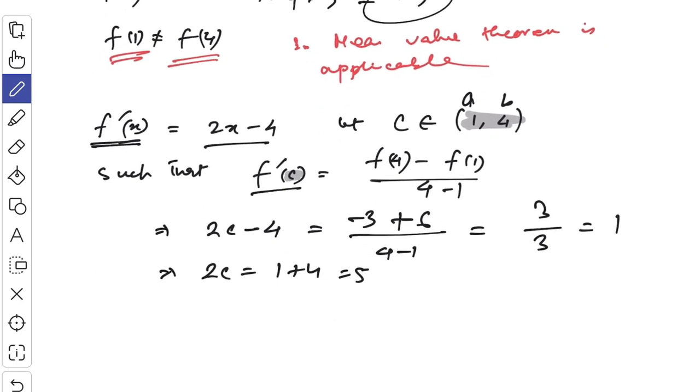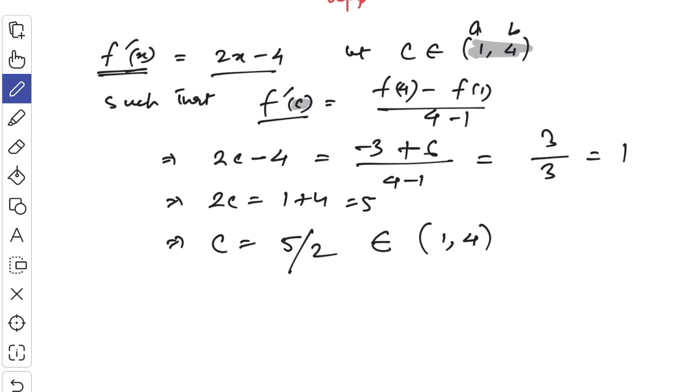So c will be 5 by 2. So 5 by 2 belongs to the open interval 1 comma 4. Therefore we can say the mean value theorem is verified.